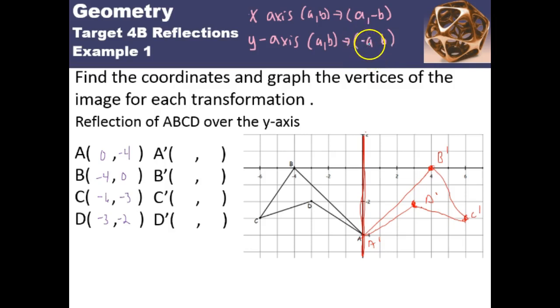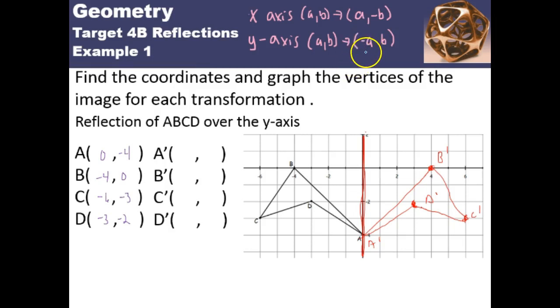So this -A doesn't mean negative A. It means the opposite of what A was. So if A was positive, it becomes negative. So let me say that again. If A was positive to begin with, it becomes negative. If it was negative to begin with, it becomes positive. Okay, that's what that opposite or negative sign there means.